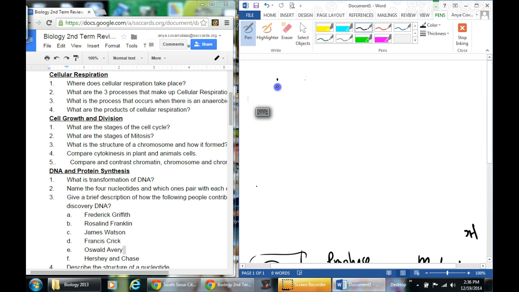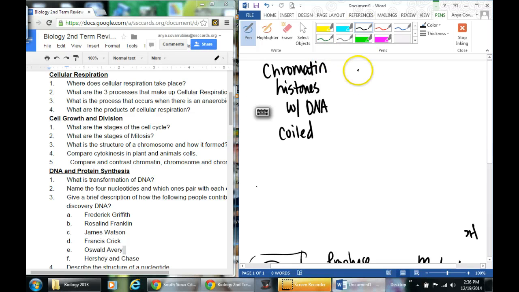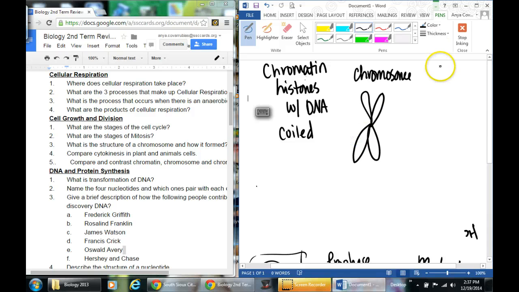Chromatin is going to be the histones with DNA on them being coiled. A chromosome is going to be a fully coiled DNA. And then a chromatid is going to be half of the chromosome that gets pulled apart during anaphase.